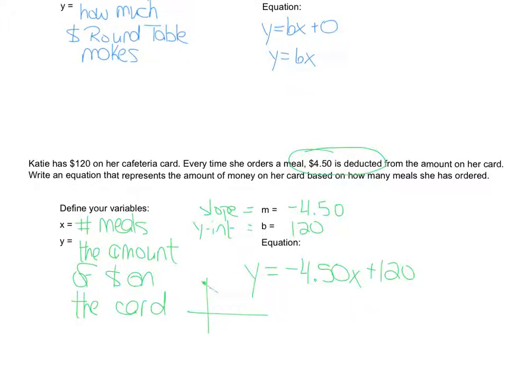She's losing $4.50. Eventually, she's going to get down to zero, right? So this is going to be a line with negative slope because she starts with money on the card and then it takes money off every time she spends something. Okay, so that's how you identify the slope. You identify the y-intercept. The only thing new we're doing now is actually putting it in the linear equation.